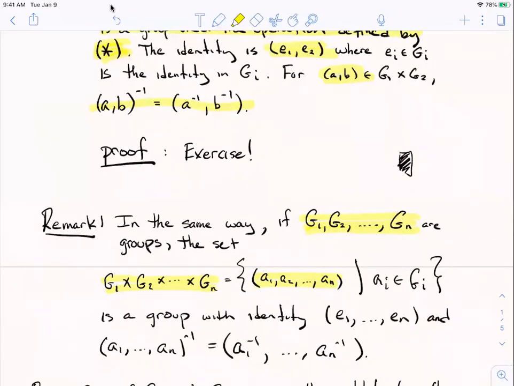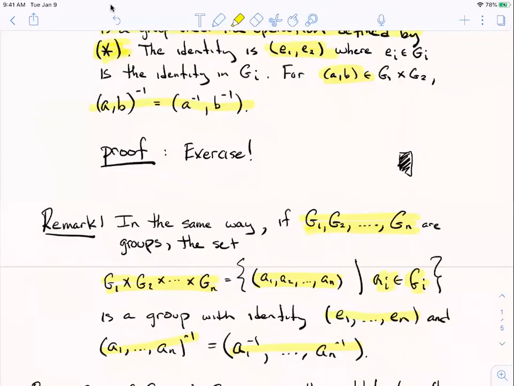So the idea is that the element in the ith slot comes from the ith group. And in the exact same way, in fact, if you want in your exercise, you could prove this for any n greater than or equal to 2, that the Cartesian product of a finite collection of groups is a group, the identity is the n-tuple of identities, and the inverse of an element is the n-tuple of the inverses.